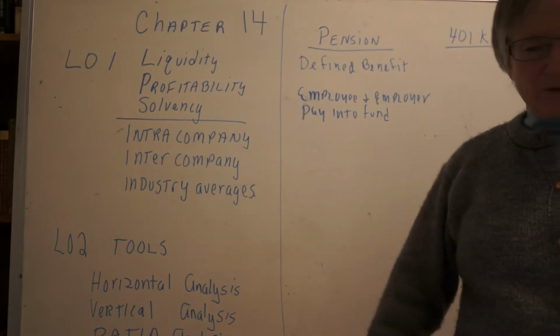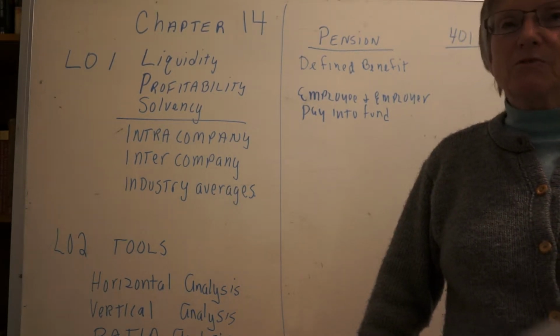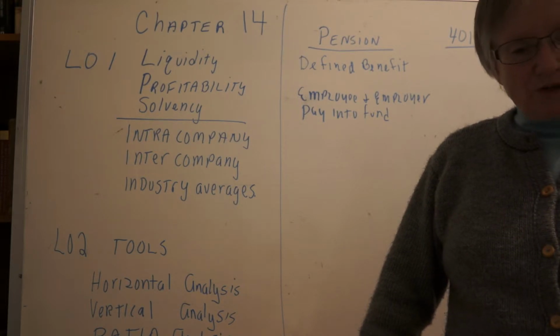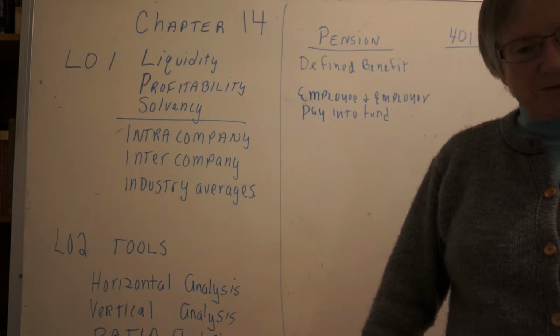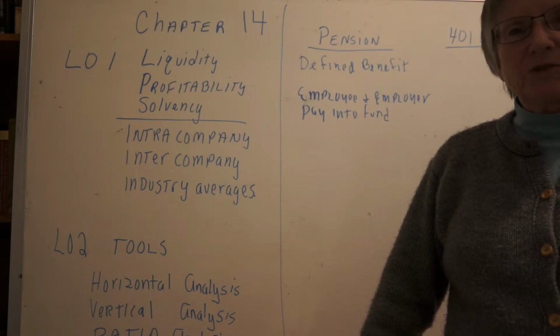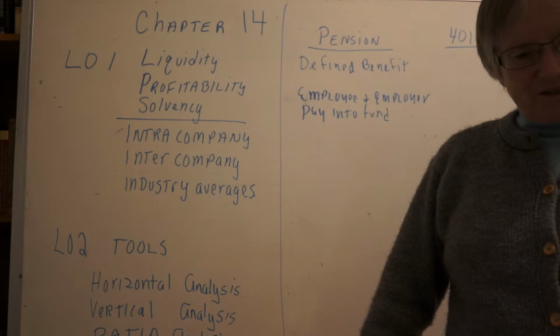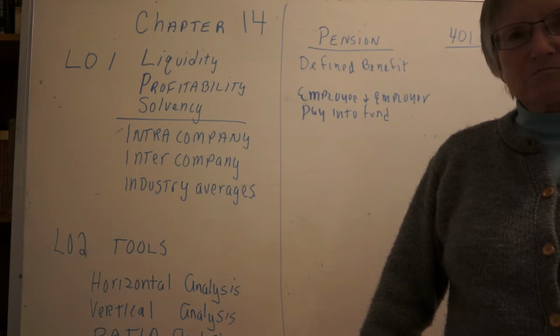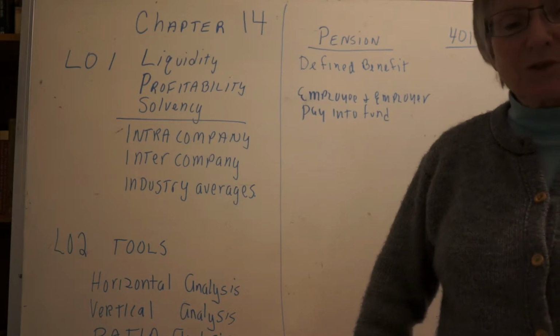And that builds up over time. The fund is managed by professionals, and when you retire, you'll collect a set amount every month from the time you retire until you die. And you get the same amount no matter what the stock market does, and that's how a pension works.